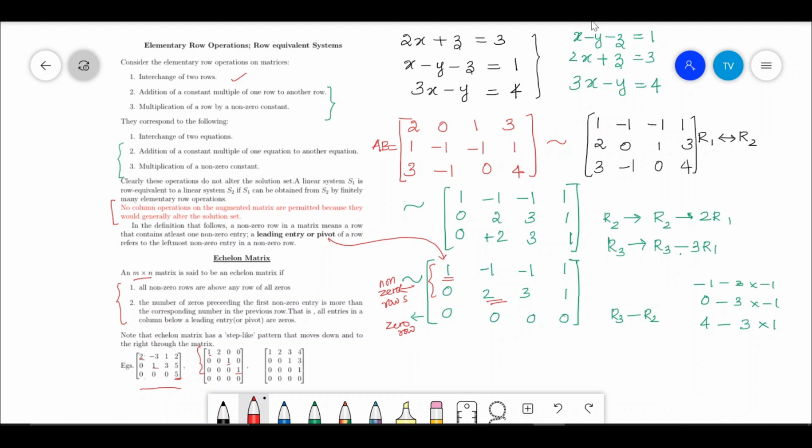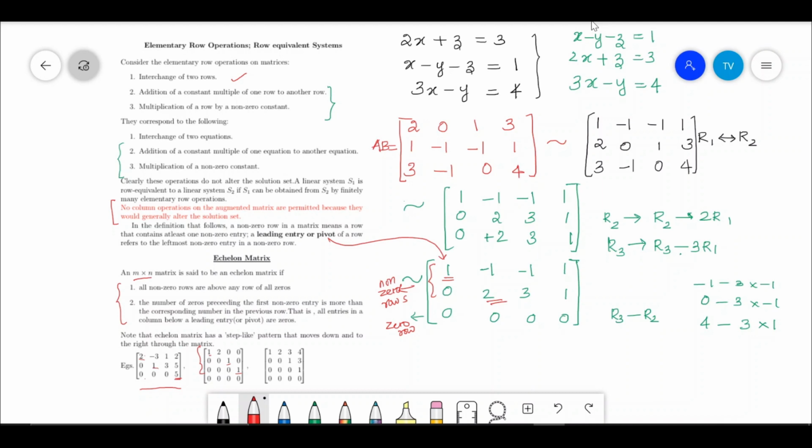Before the first non-zero entry of the first row there are no zeros. Before the first non-zero entry of the second row there are 2 zeros, which is more than the corresponding number in the previous row. Before the first non-zero entry of the third row there are 3 zeros, which is greater than the corresponding number in the previous row. So in every sense this is an example of an echelon matrix.